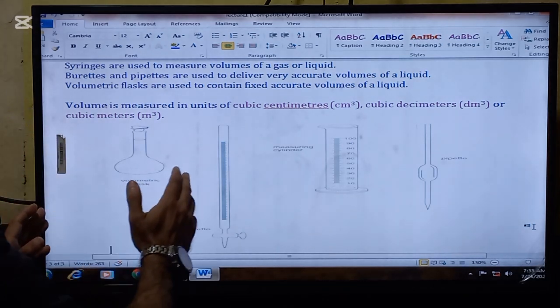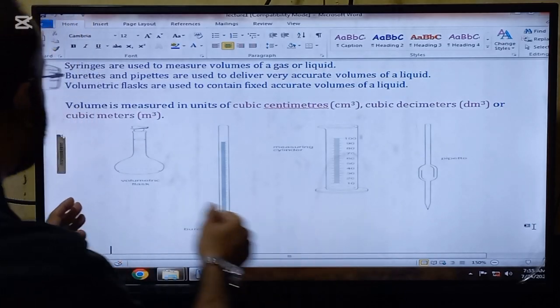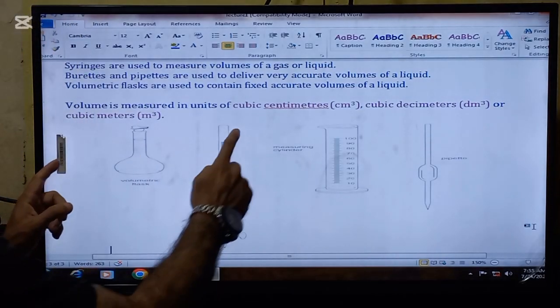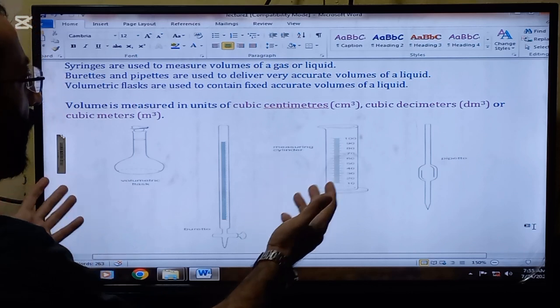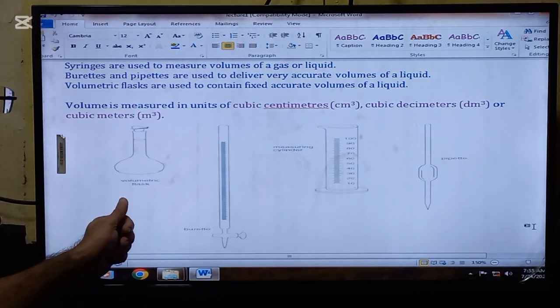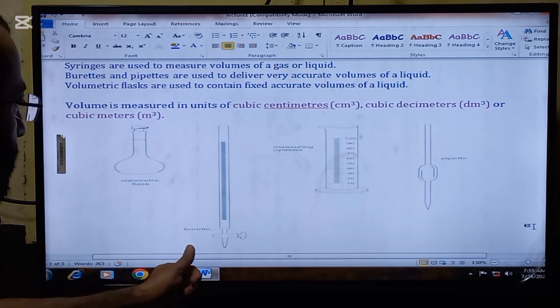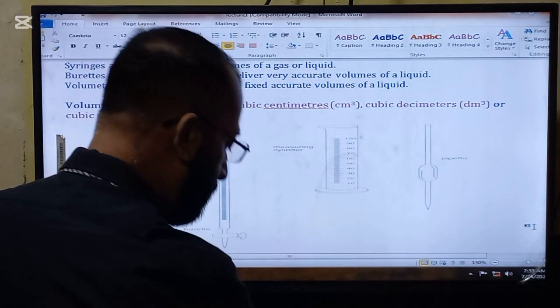Volume is measured in cubic centimeters, cubic decimeters, or cubic meters. And here are the figures: this is a volumetric flask, this is a burette, this is a measuring cylinder, and this is a pipette.